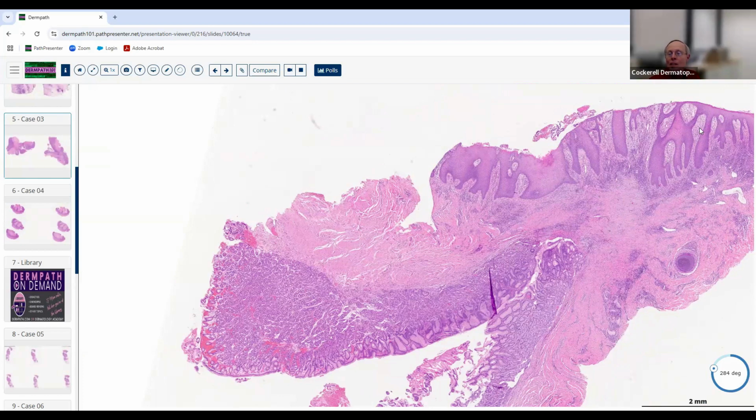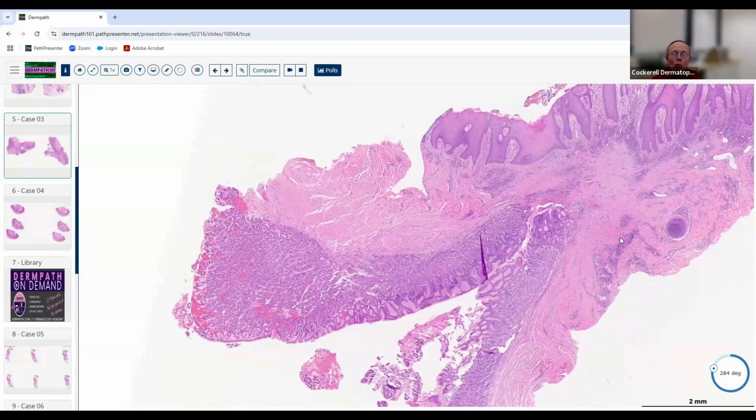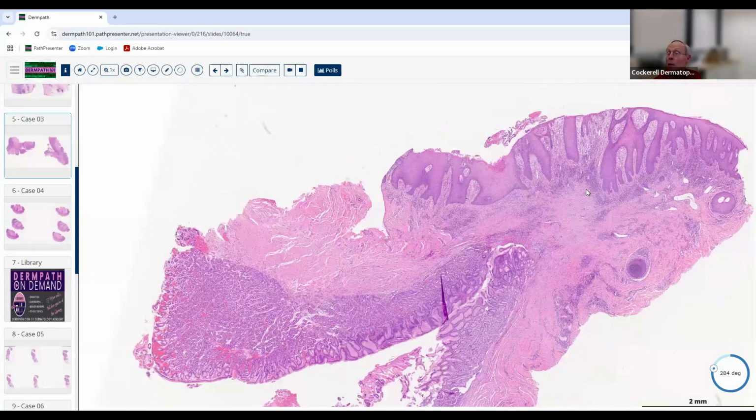We're in skin here with hair follicles. So where do we see mucosal epithelium that gets really close to stratified squamous epithelium normally in the skin? This isn't normal, though. You're right, there's an abnormality here. This shouldn't be here. But where do we see it normally?